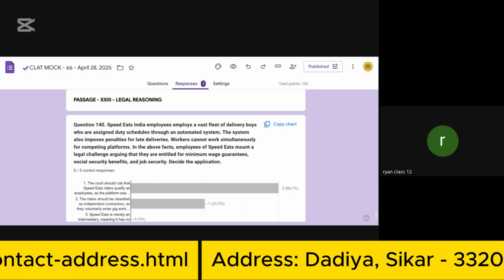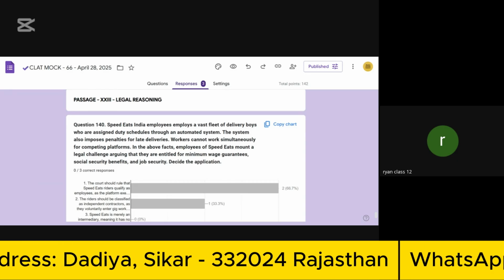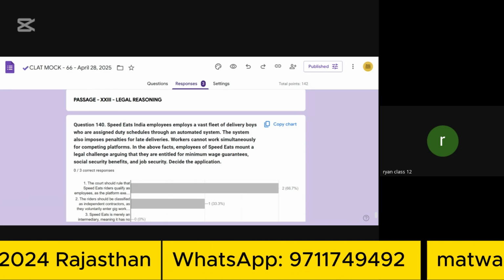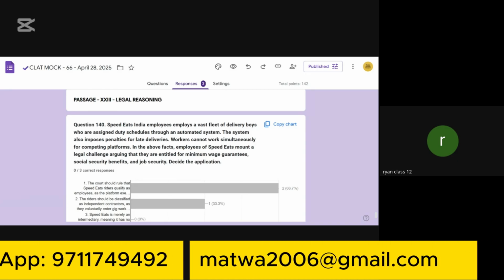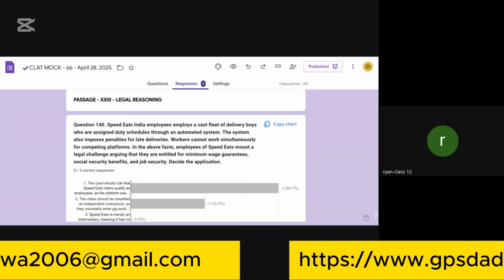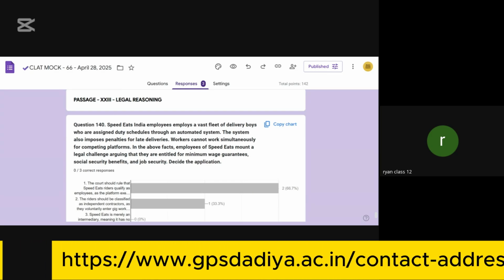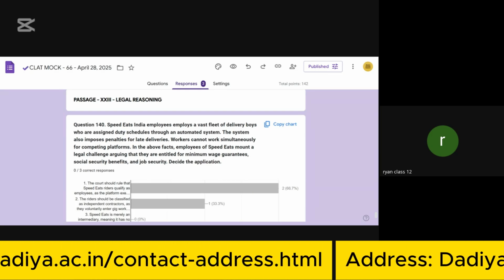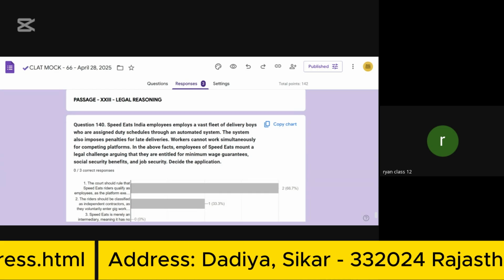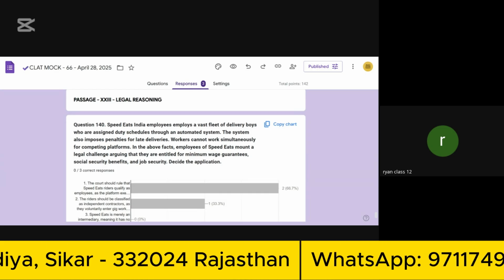So this article criticizes the laws implemented by the Rajasthan and Karnataka governments because there is a lack of recognition of the employment. So the workers end up remaining excluded from the labor rights that others enjoy.